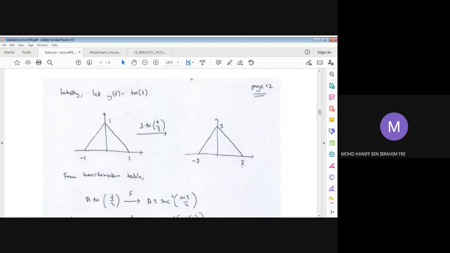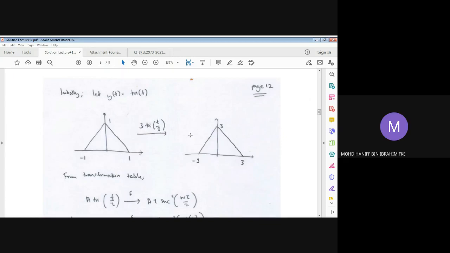So the equation that leads to the formation of this signal from the original triangular t is 3 triangular of t divided by 3. 3 is the amplitude scaling, and since we have an expansion of the width of the signal, before it was -1 to 1, but now we have a new expansion from -3 to +3, that involves a scaling of time. So it will be 3 triangular of t divided by 3.